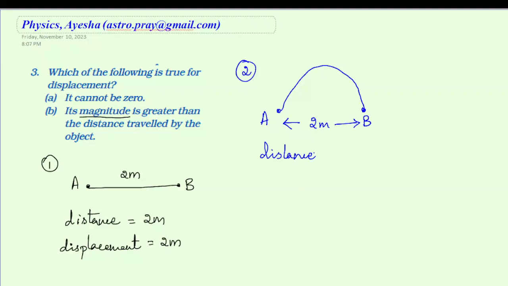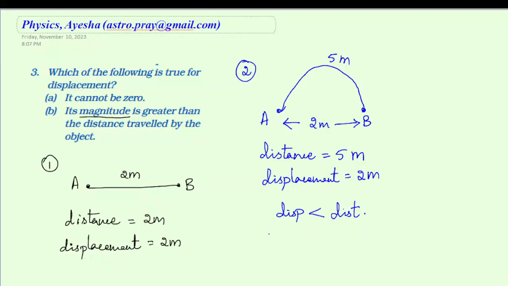So what is the distance travelled? Let's say the blue line that I have drawn is 5 meters. So the distance is 5 meters. Displacement will still be 2 meters, right? So here displacement is smaller than distance.